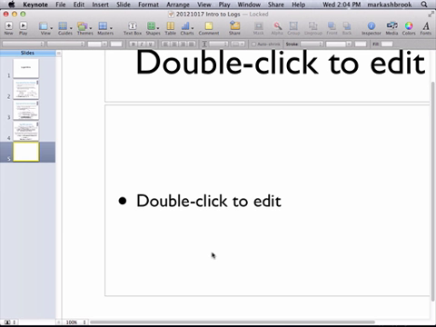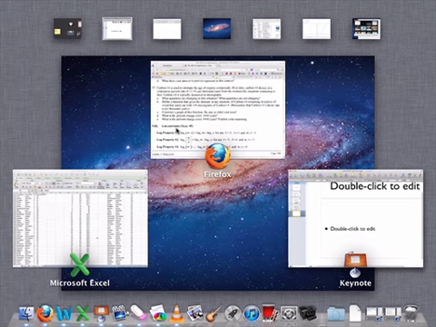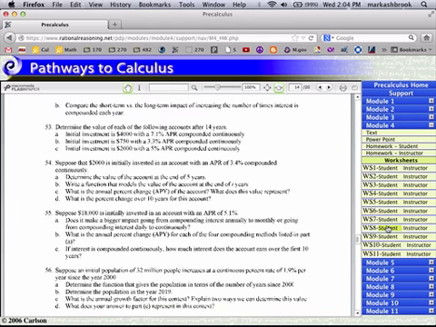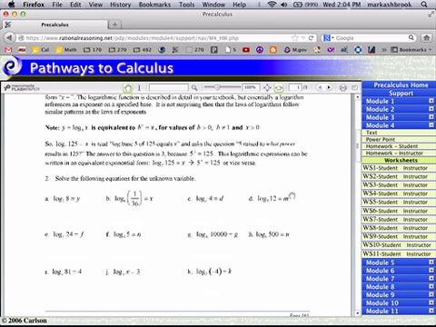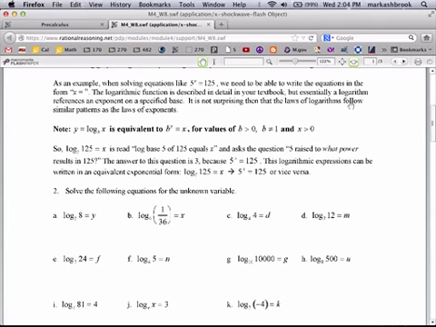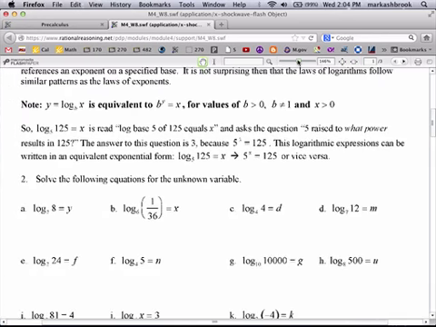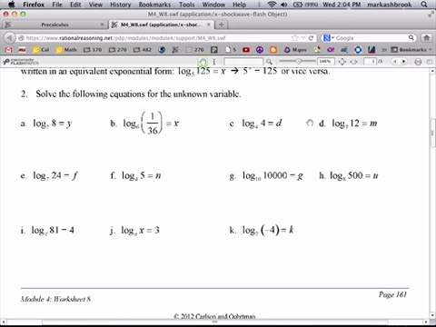Page 161, number 2. So new instructions.